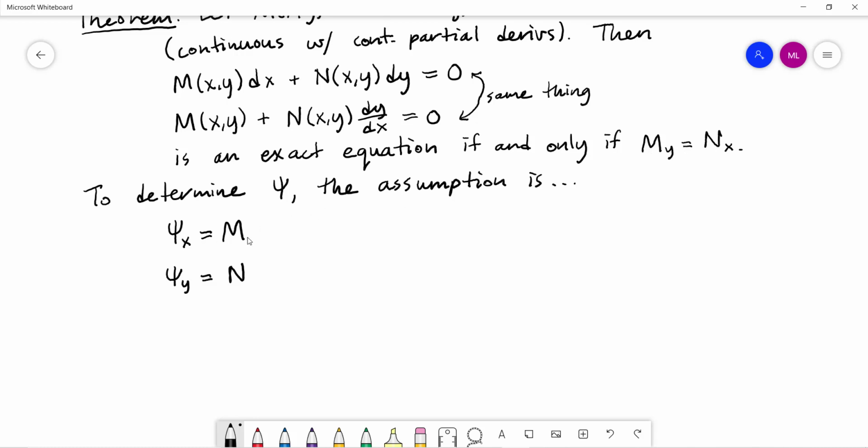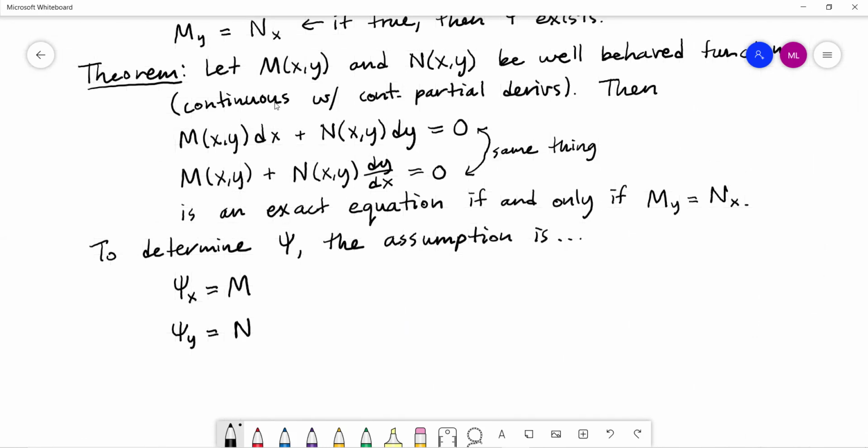We're basically taking the derivative of M with respect to y, because that would make it psi sub xy, and checking to see if it's the same as the derivative of N with respect to x, because if I took the derivative with respect to x on both sides of the equal sign here, I'd have psi sub yx. And that goes to a theorem in Calc 3 that says the mixed partial derivatives psi xy and psi yx should be equal to each other, assuming you have a continuous function with continuous partial derivatives, a well-behaved function.